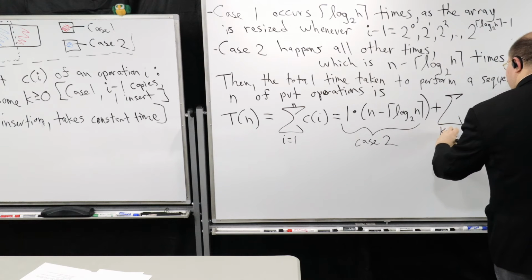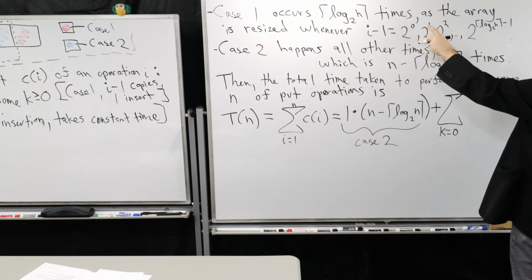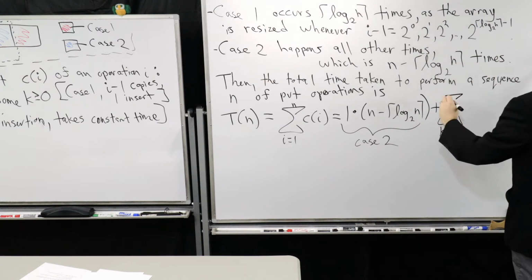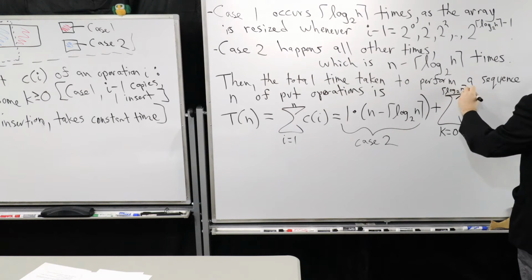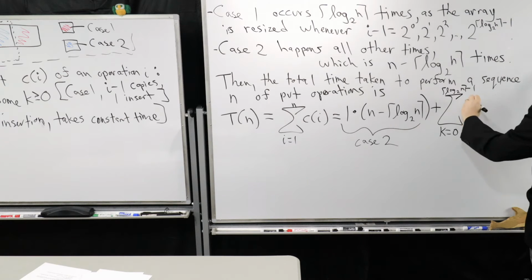I'm going to count from k is 0, because remember the exponent starts at 0, goes 0, 1, 2, all the way up to this. So I'm going to start at 0 and go up to the ceiling of log base 2 of n minus 1. So my lower limit is 0, the upper limit is the ceiling of log base 2 of n minus 1, of 2 to the power k plus 1.